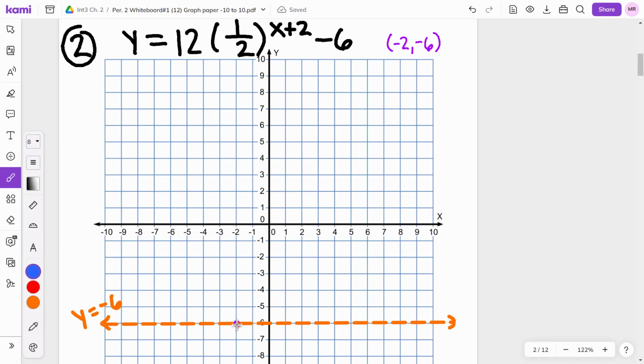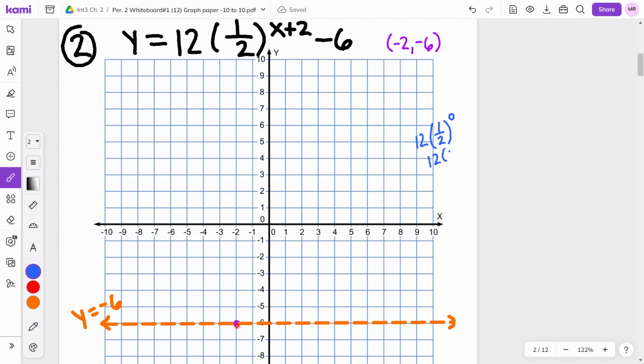Now, the reason why, if you think about the last problem, I started with 2 to the power 0. I'm really starting at 1/2 to the power 0. That's really what I'm thinking there, but that 12 in front is going to times that. So I'm doing 1/2 to the power 0, which is 1.